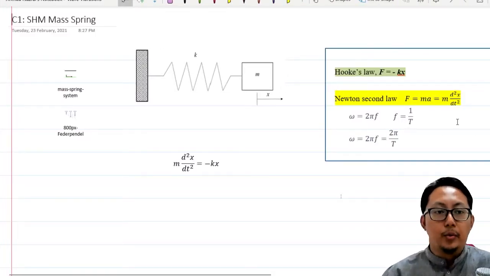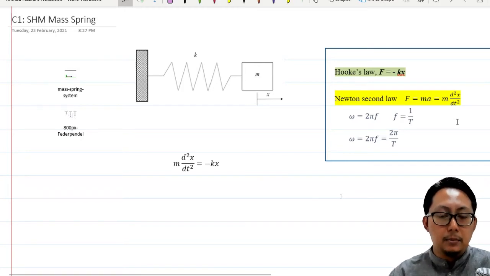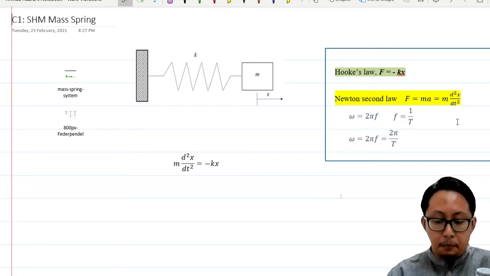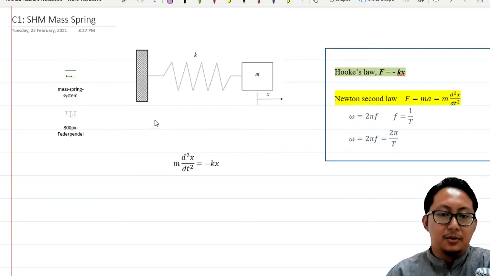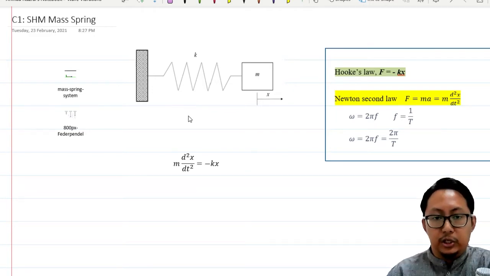So imagine that we have the mass spring system in the horizontal. Why horizontal? Because we want to avoid the acceleration becoming the gravity, because it's constant. So right now, it becomes horizontal. You can imagine the mass spring system on top of the table, and we have rollers here so that we can avoid measuring the friction.